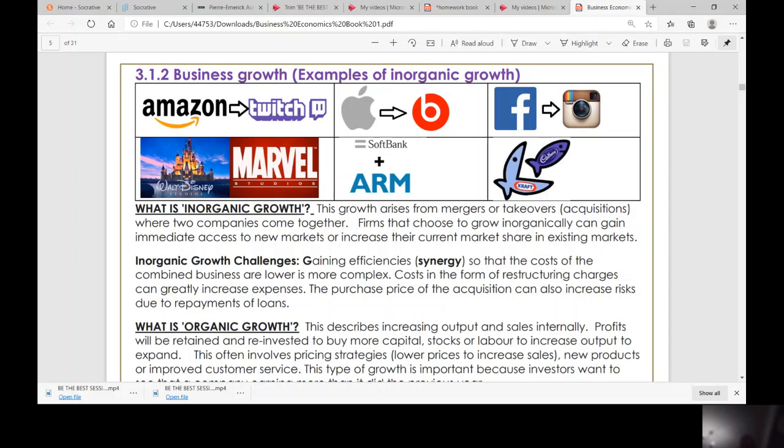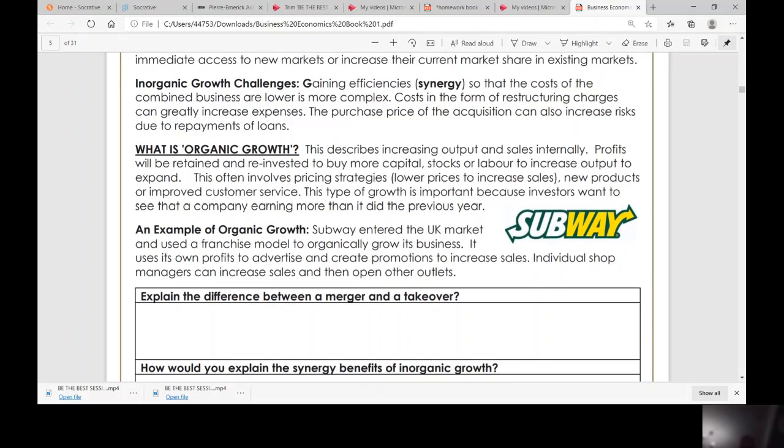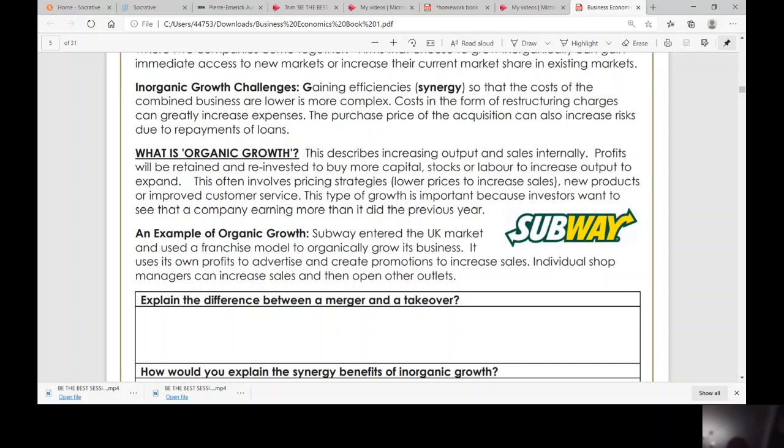So some interesting examples there, because some of those are huge businesses that bought smaller innovative businesses. But in terms of Kraft, when it bought up Cadbury's, Cadbury's was more profitable than Kraft. So sometimes size isn't necessarily the thing, but the combined businesses are all going to be bigger than the original businesses.